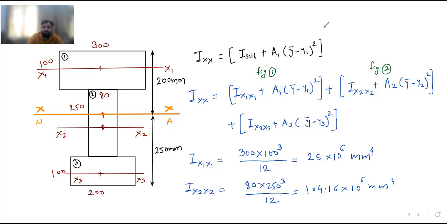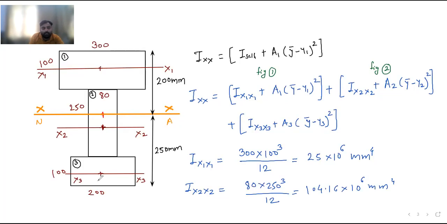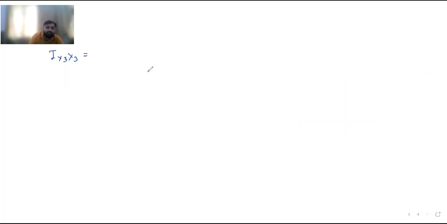So moment of inertia is measured in mm raised to 4. After Ix2x2, calculate Ix3x3. Again, this x-axis is cutting the dimension of 100, so we take the cube of 100. So it is 200 into 100 cube divided by 12. Let me know the answer.